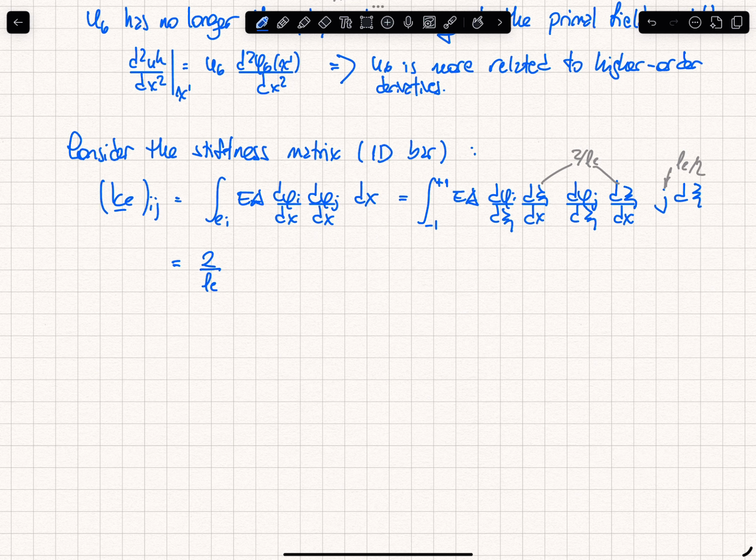And now I transform that integral into a sum over integration points. So EA evaluated at my CI, which is my integration point, or my quadrature point, and then I have this d phi I also evaluated at that integration point.